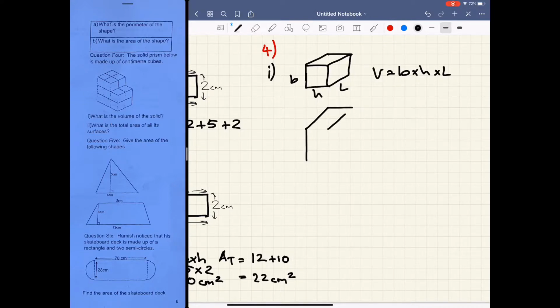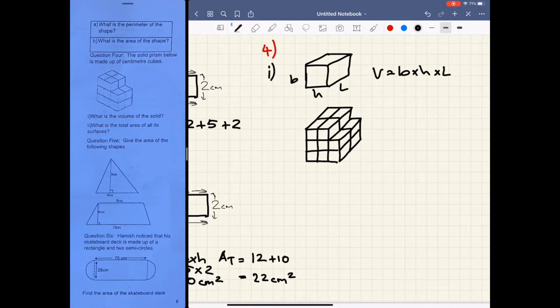I'm not very good at drawing cubes, so bear with me please. 1 block down, and 1 block across, and 2 blocks down, 3 blocks across. Okay, so let's calculate the volume.